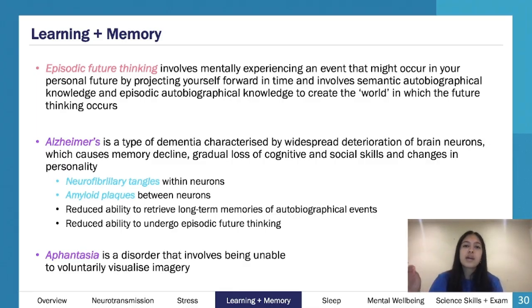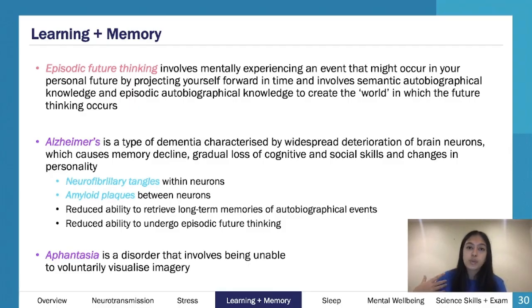So Alzheimer's is basically a neurodegenerative disease, a type of dementia. The main initial symptom is short-term memory loss. Again, you can think about it affecting your hippocampus. You have two little things that are important to remember: neurofibrillary tangles and amyloid plaques. You see these post-mortem.